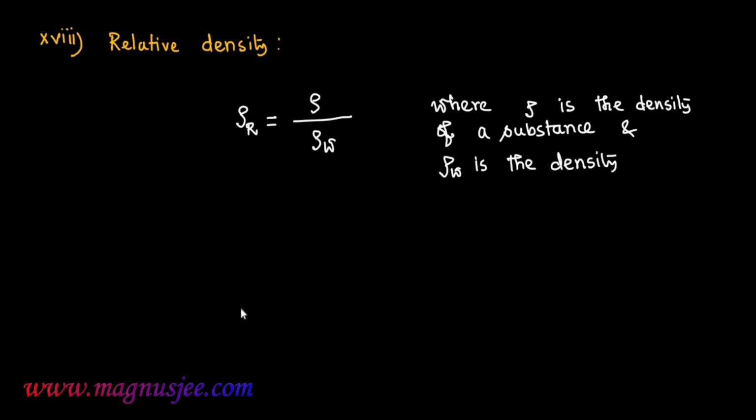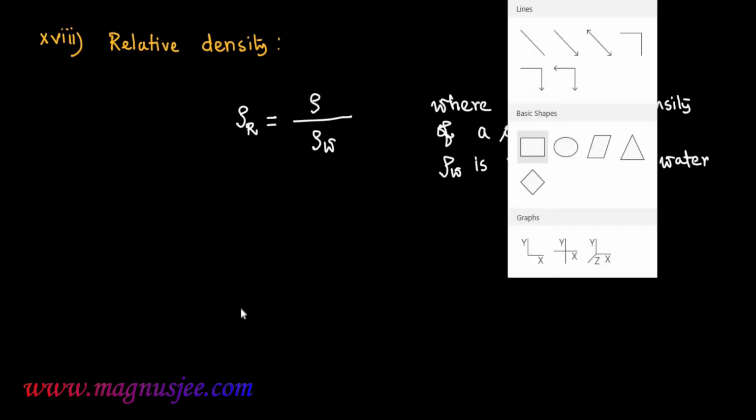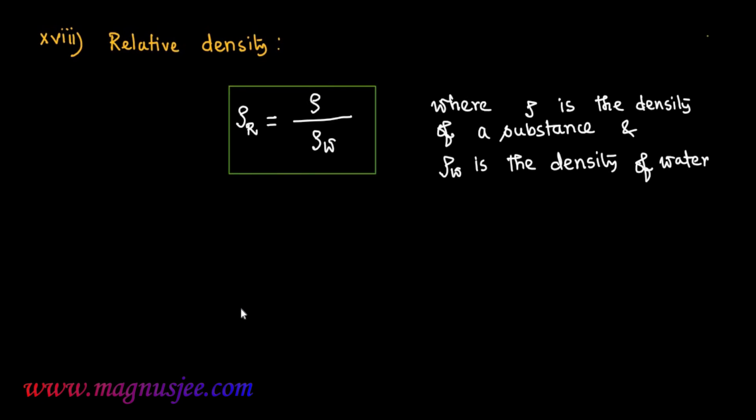So the expression of relative density of a substance is rho r equals rho by rho w. What will be the dimensions of relative density rho r? It will be 1, that is a dimensionless quantity.